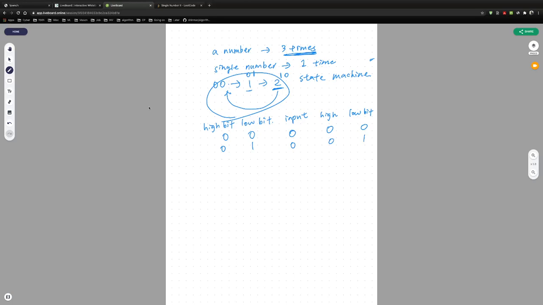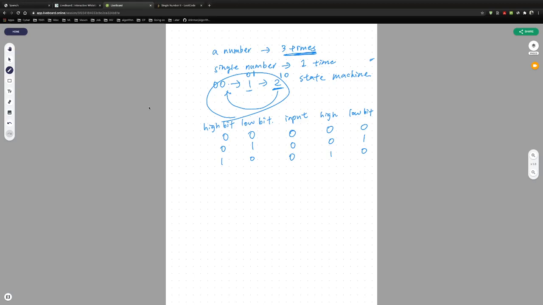And the next state 1 0, with an input of 0, it will still be 1 0, because our counter is not getting larger, right?